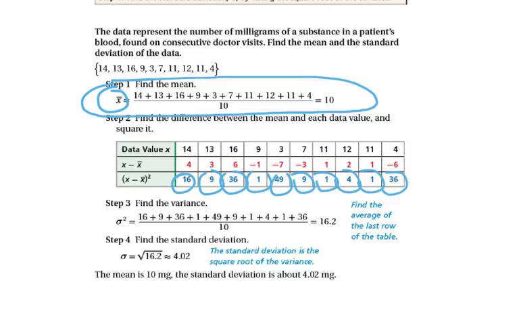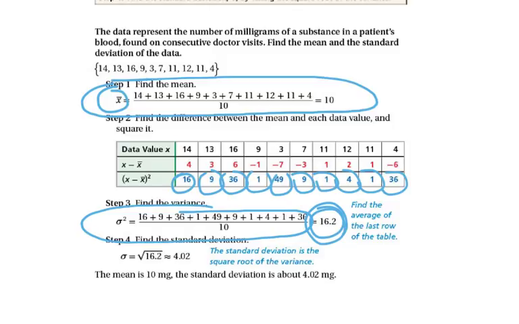We add those together and divide by 10, and that gives us 16.2, which is the variance.